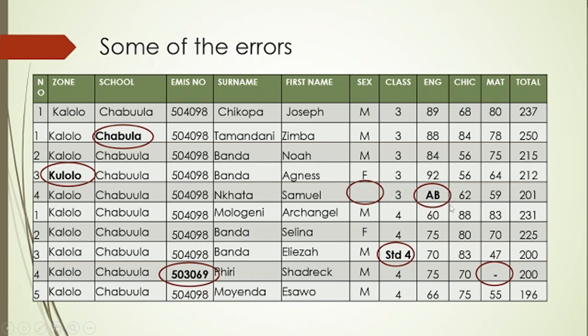This is just to tell us that this learner did not sit for this paper, so we will need to remove this AB and leave it blank, so that the automated report card will calculate this one as a learner who did not sit for the exam. And this one should also be avoided. We should just write 4 for a class, and then this hyphen here should also be removed during the cleaning process.